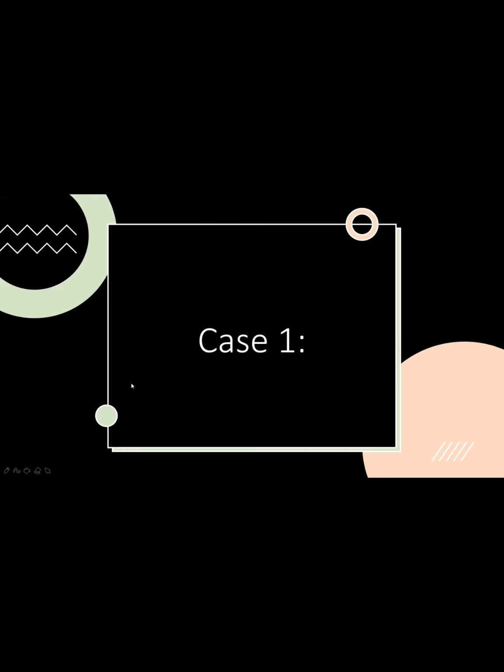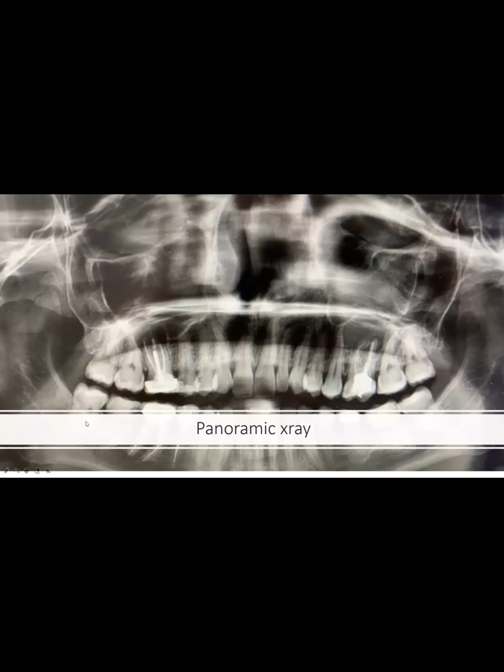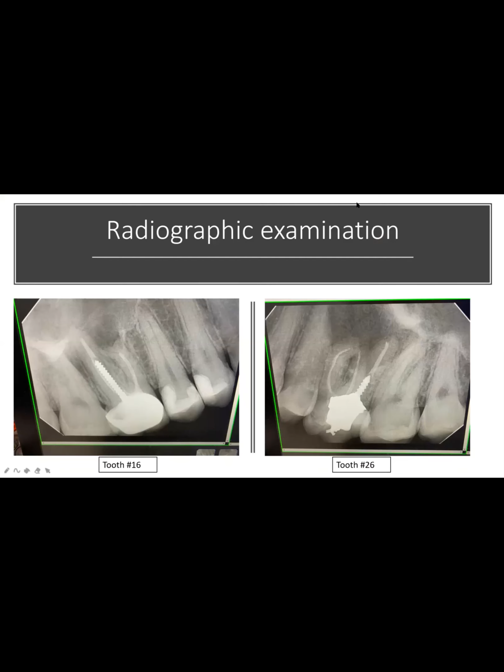Right, so this is case number one. This is the first case I was talking about. A female hygiene student has come to us, and we can just be fixated only on the PAs. She wants to be referred to a root canal specialist to assess the possibility of retreatment on teeth number 1.6 and 2.6 that were previously done.